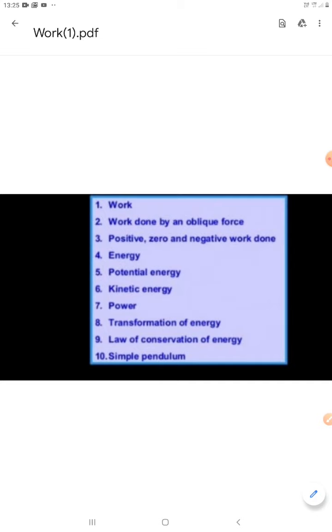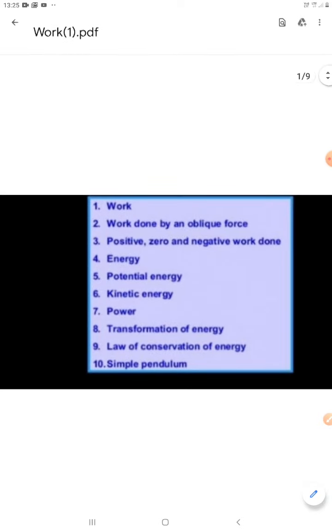Now another concept that helps us understand and interpret many natural phenomena is work. So we will discuss work, and this work is closely related to energy and power. In this chapter we will discuss three main things: work, energy, and power.